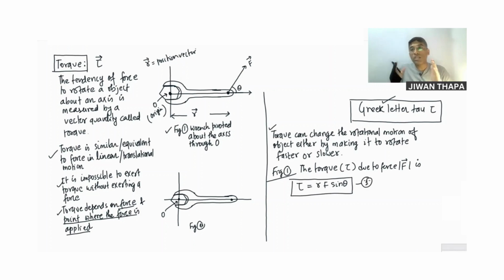So equation 1 gives the magnitude of torque and theta is the angle between position vector and force.